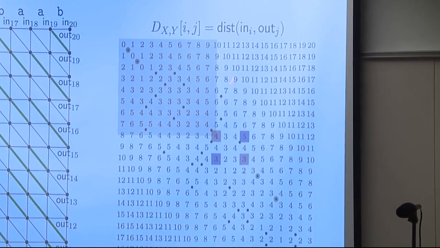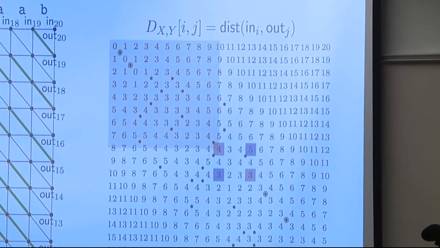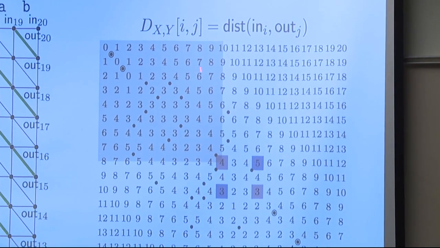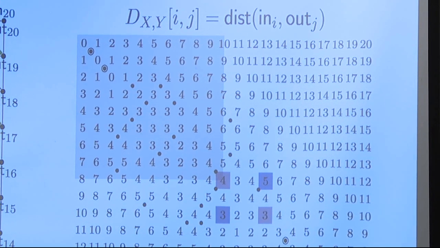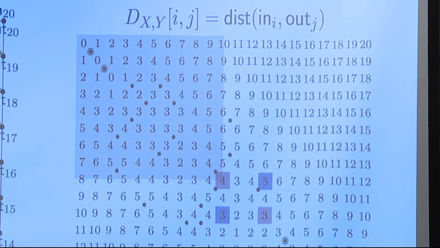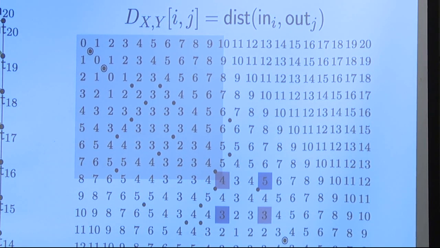Here, if you count them, it turns out to be 14. And this 4 can be viewed as 10 plus 8 minus 14. So this gives a representation of the distance matrix in linear space in terms of the lengths of the two strings.